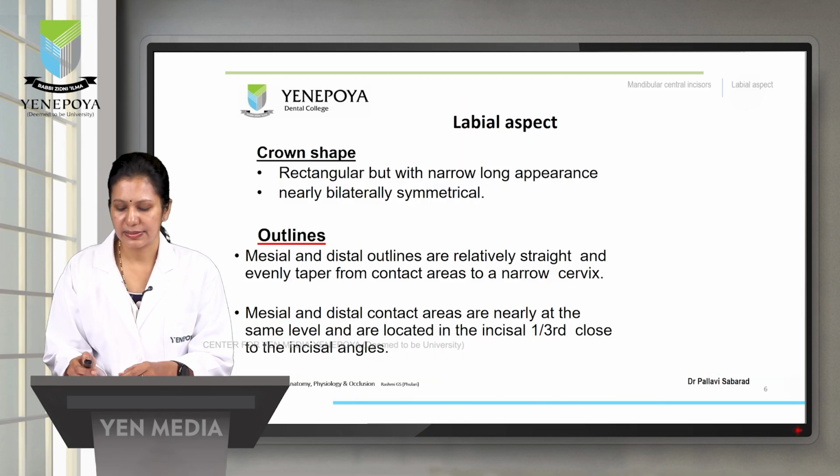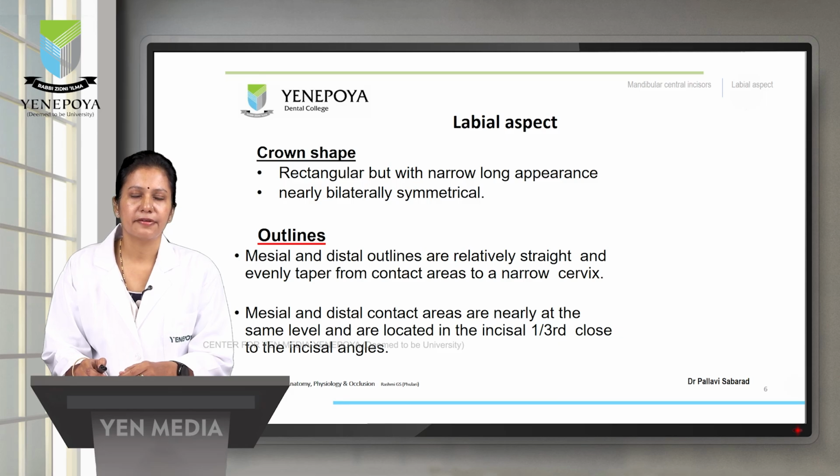Next, coming to the labial aspect of the mandibular central incisor. From this aspect, the shape of the crown looks rectangular, and we can see that the mandibular central incisor is bilaterally symmetrical.